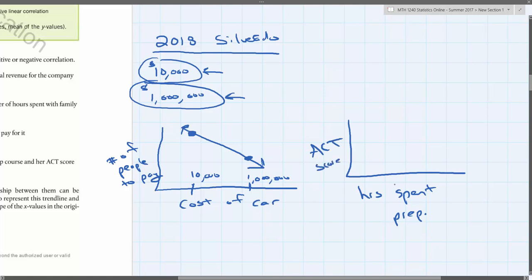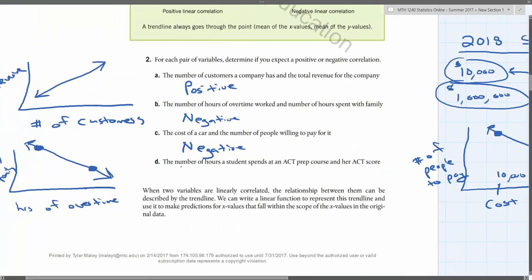If you spend more hours, you would assume that your score would go up. So as my hours increase, you would think my ACT score would tend to go up. So this would be a positive trend.